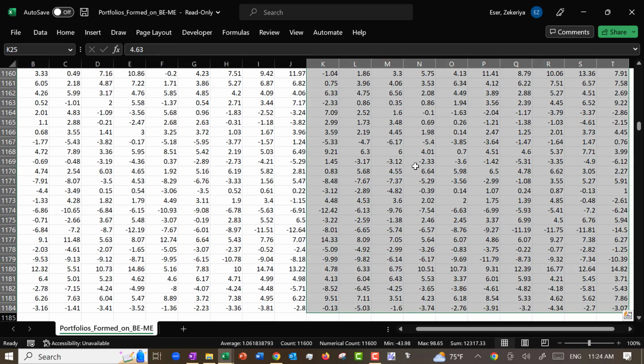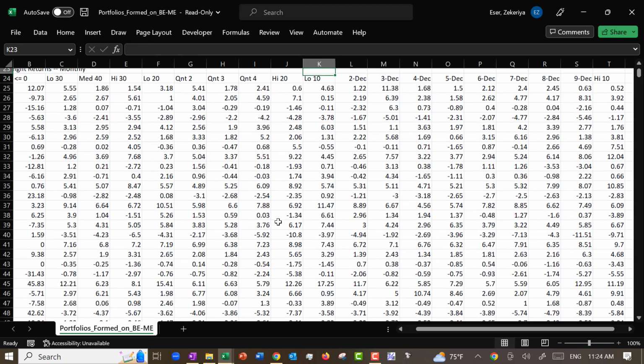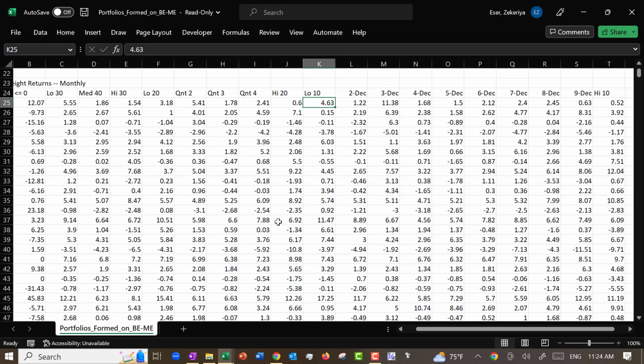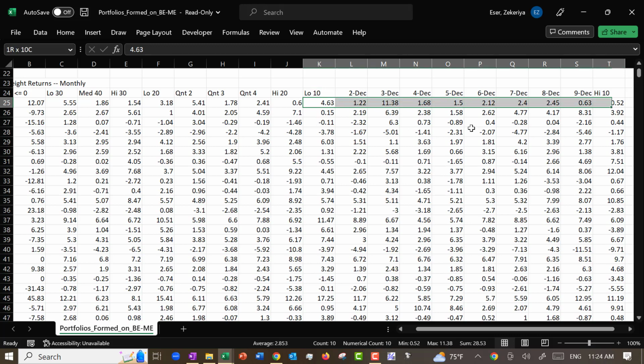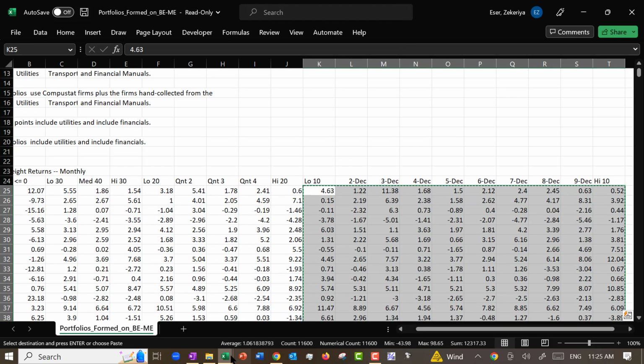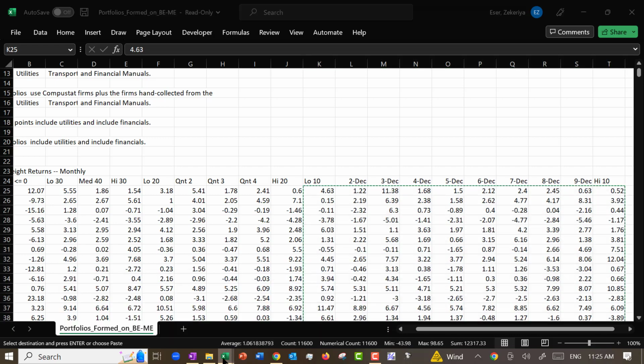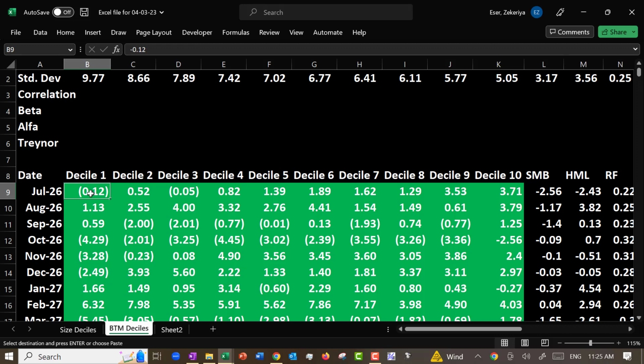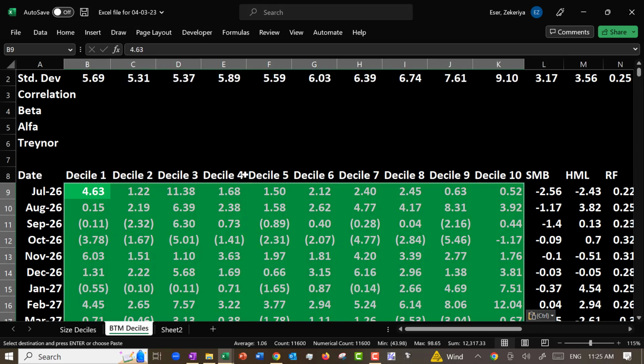So I'll go to the file that I downloaded from the Fama-French database. These last 10 are the deciles. And in case you're wondering, these 5 are based on the quintiles, the lowest 20%, highest 20%, what have you. Copy all of those and paste them into place with just the values. Now everything else is pretty much the same.